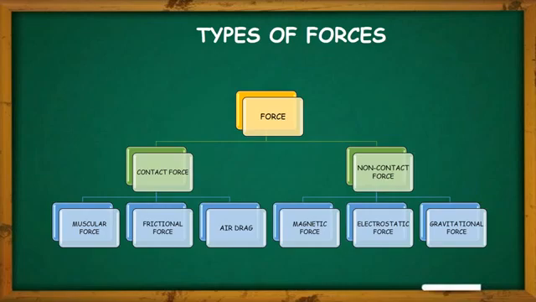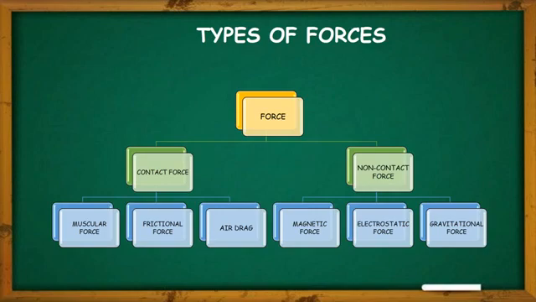So this is muscular force. Frictional force: suppose you are dragging a box upon a marble floor, or upon some rough surface, then the frictional force opposes the motion of the object. This resistant force which opposes the motion of the object is called the frictional force.